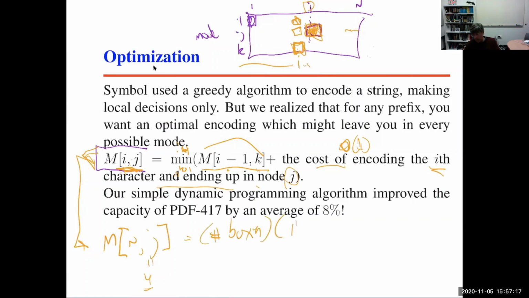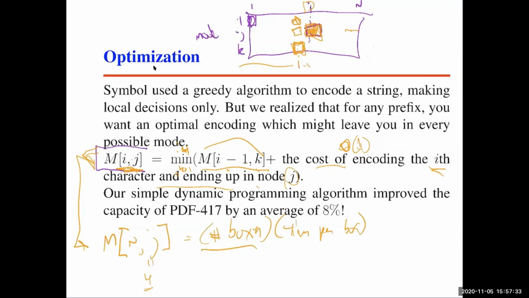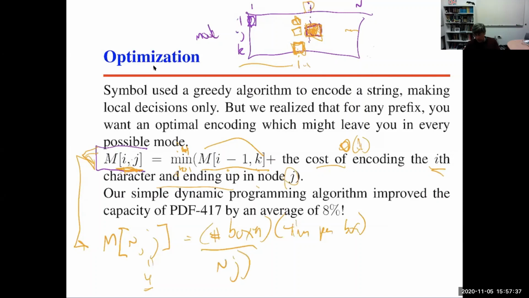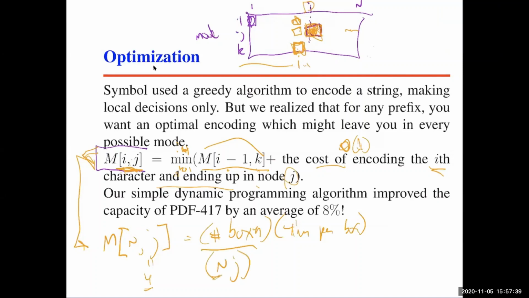Times the time per box. Any questions about that? How many boxes? n times j boxes, right? Length of my string times the number of modes.